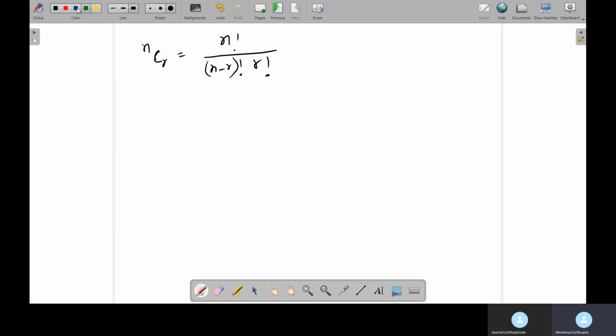Suppose you have an expression 5C2. So what should I write? 5 factorial over 5 minus 2 factorial, 2 factorial. What does it mean? 5 factorial divided by 5 minus 2, which is 3 factorial, and 2 factorial.